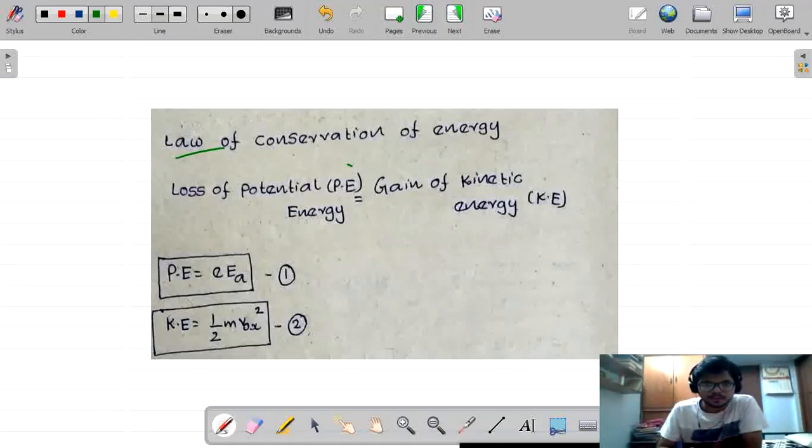We know that potential energy is given by Q into E, where I have represented the charge as Q, so Q into EA. The kinetic energy formula is half mv square, where v is the velocity with which the electron enters the deflection plates, v naught x. So half m v naught x whole square. This is equation 1 and this is equation 2.